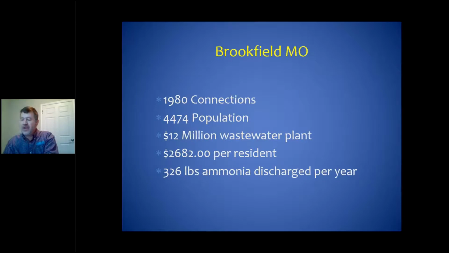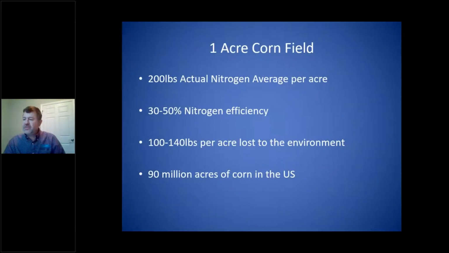So I want to make a little comparison here. These numbers can vary based on soil types, where you're at, and whether you split applications of nitrogen, but I'm just going to use an average: 200 pounds actual nitrogen on a 1 acre cornfield. If you get 30 to 50% efficiency, that's how much is lost to the environment, and there are 90 million acres of corn in the US.